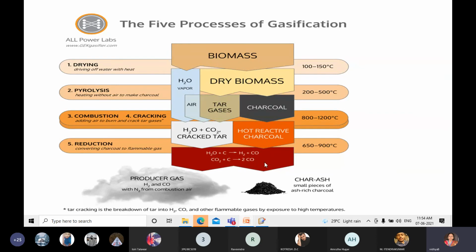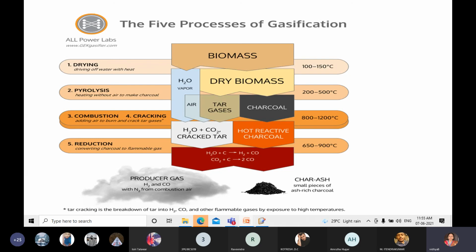Once again I repeat, the conversion efficiency of the gasifier is defined as the ratio of the heat content in the output, that is the producer gas, divided by the input, the heat content in the biomass supplied. Okay, and they are saying it may be around 70 percent.